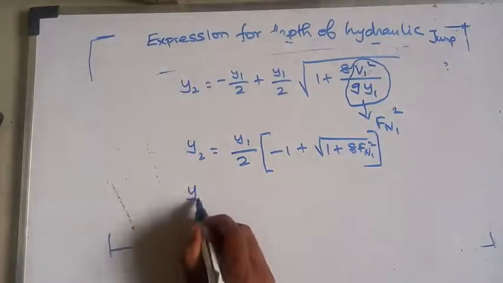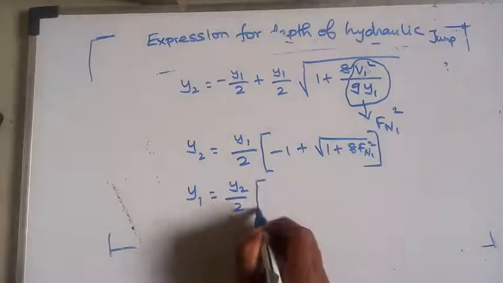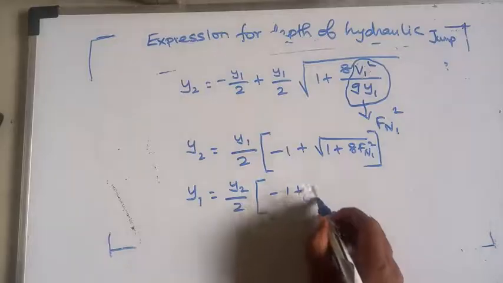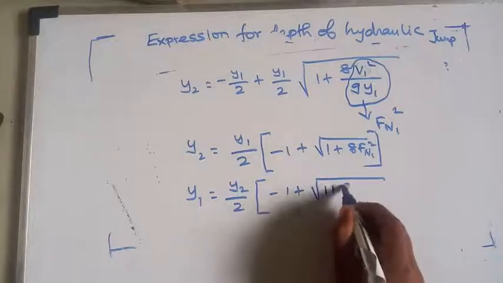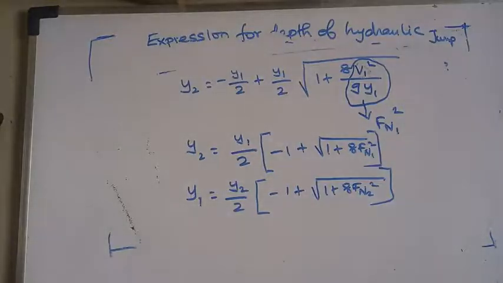Like that, y1 is equal to y2 by 2 into minus 1 plus root of 1 plus 8 Fr2 square. Actually, this derivation is already explained in the slide itself. You may go through there also, because the steps will be given. Here I am giving how the derivation came.